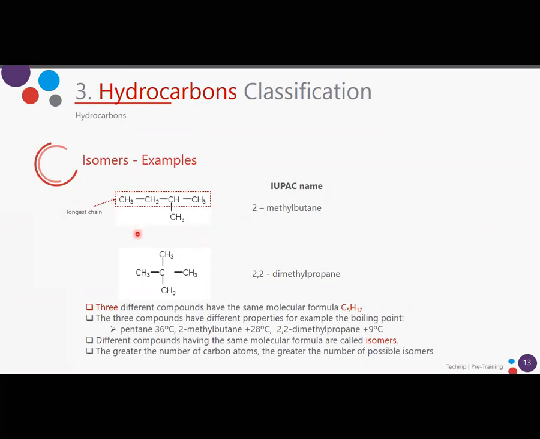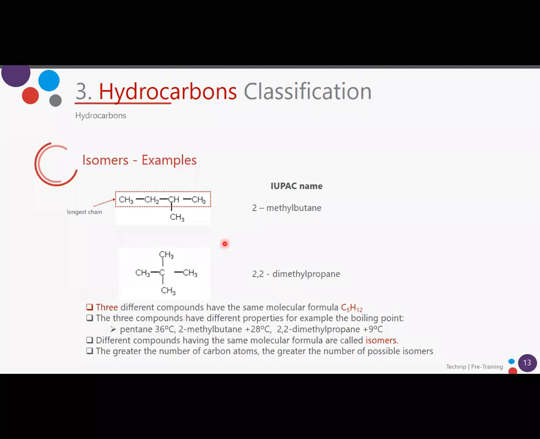As you can see, in this arrangement you will also have the 5 carbons and the 12 hydrogens. Also in this arrangement, you will have the 5 carbons and the 12 hydrogens in a different arrangement.